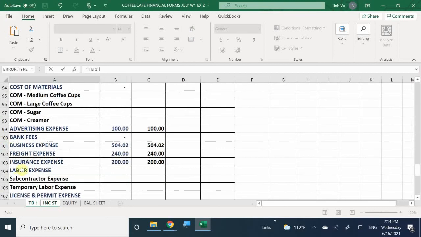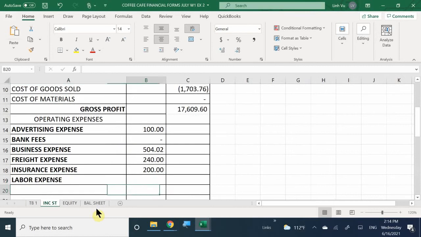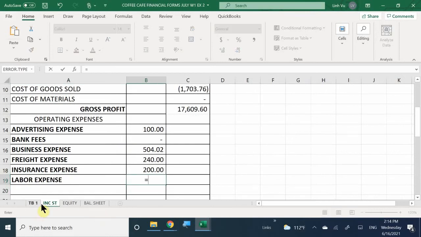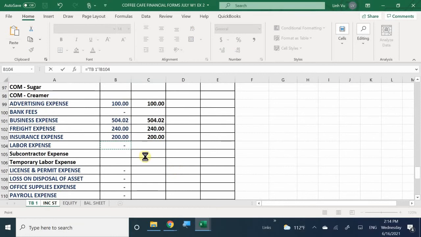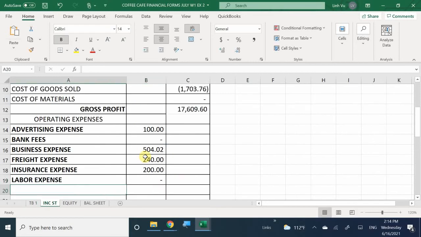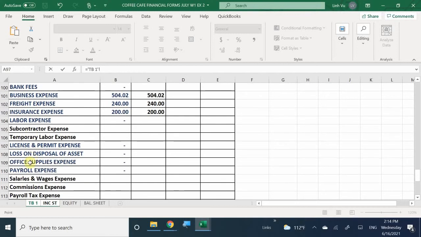Labor expense, which is a total of? 0. What's after that? License and permits.